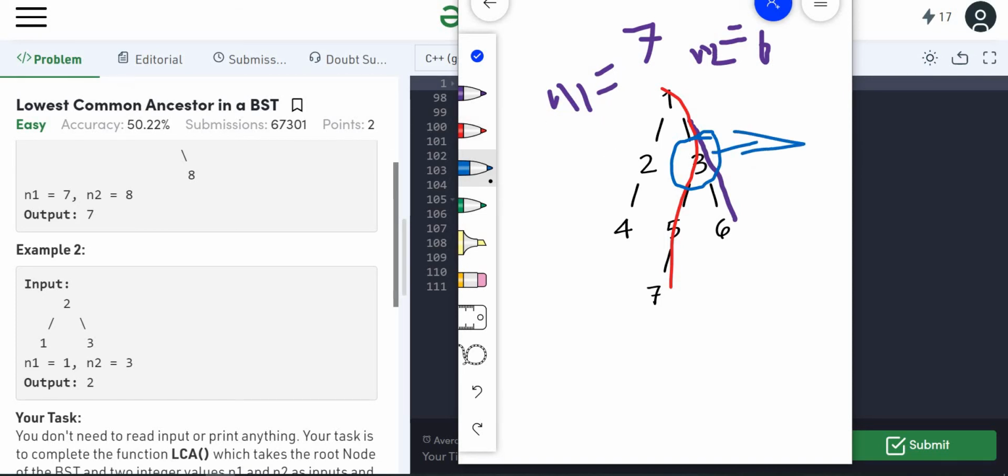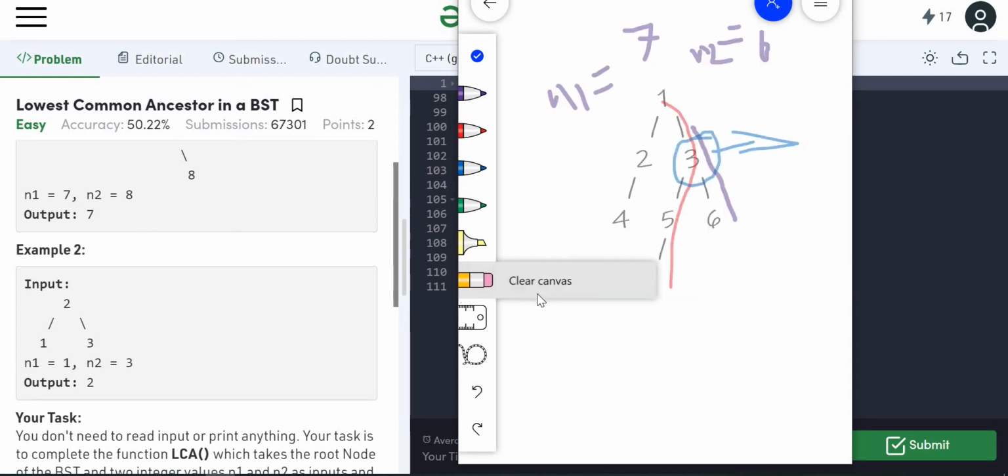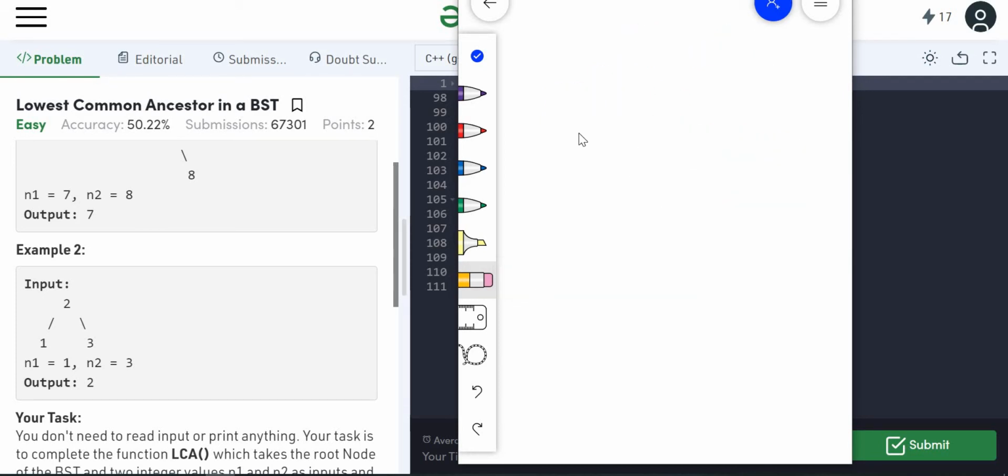Okay, so our approach could be to take two path vectors, p1 and p2.